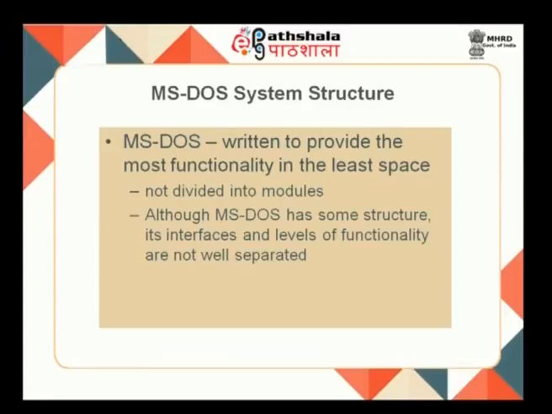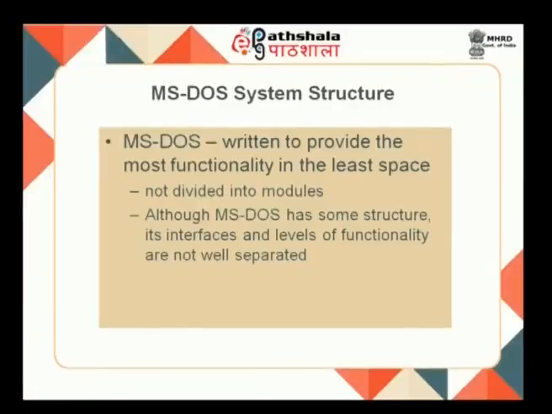So, now having seen what system calls are, we will move on to learn about the different operating system structures. Initially, MS-DOS was the operating system that was written, and it was written to provide the most functionality in the least space.